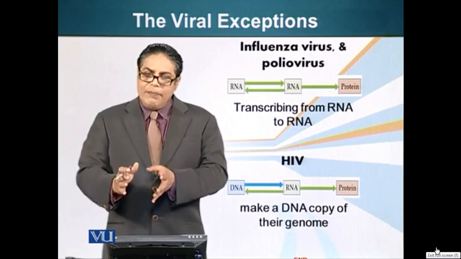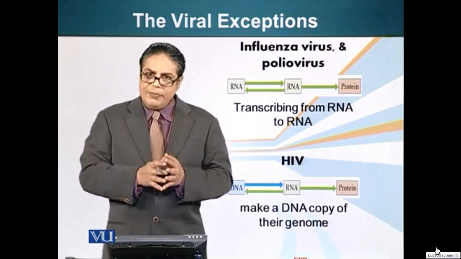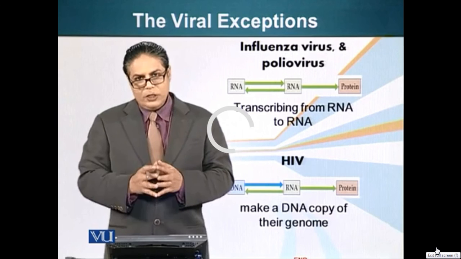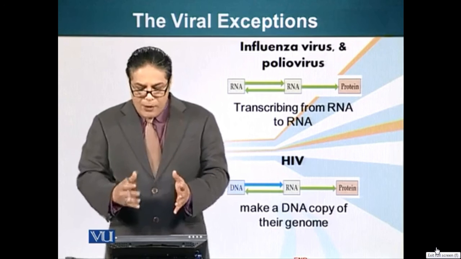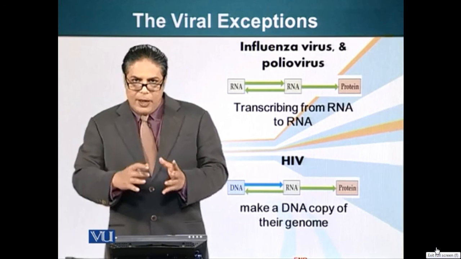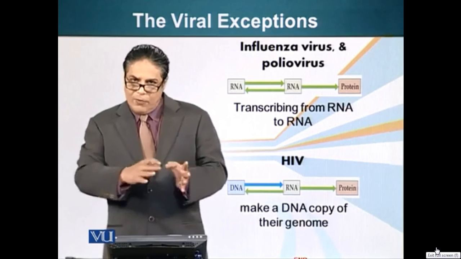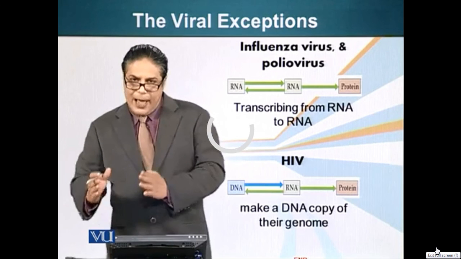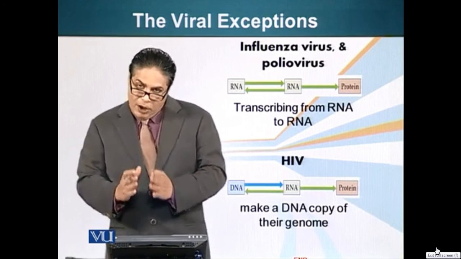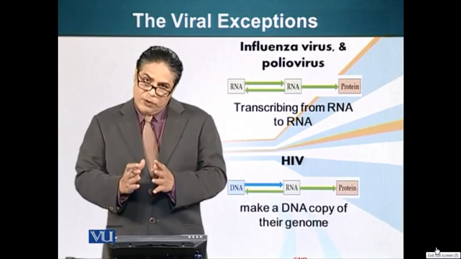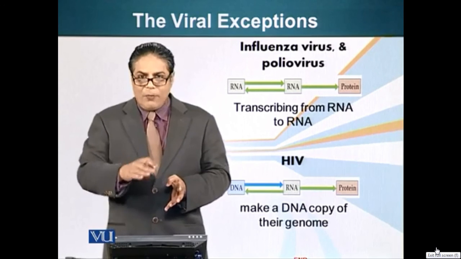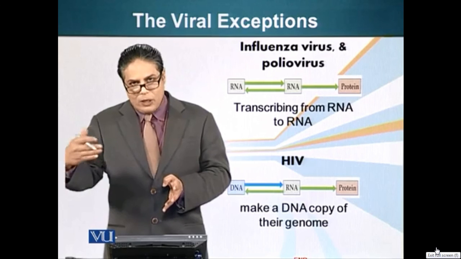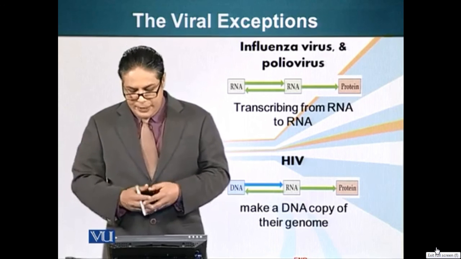This RNA is first converted into DNA. This DNA can integrate into the host genome, and from there, like other genes, is transcribed into RNA and then protein. So this RNA virus first converts its RNA into DNA, and then from that DNA it makes more RNA, and some of that RNA is used to make new proteins.